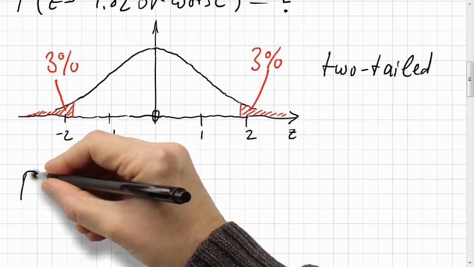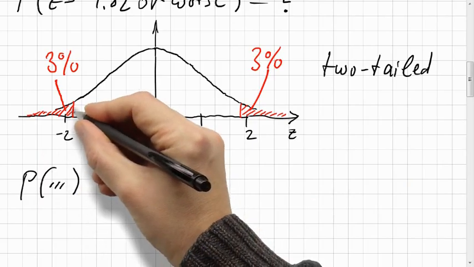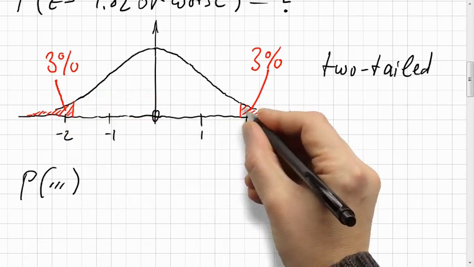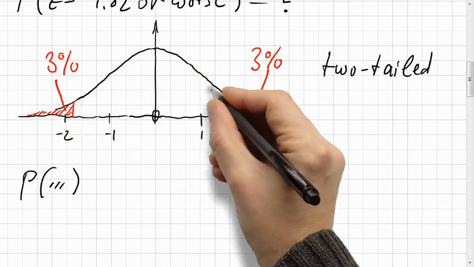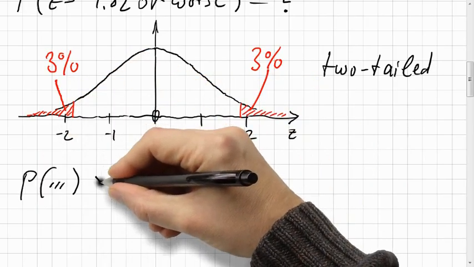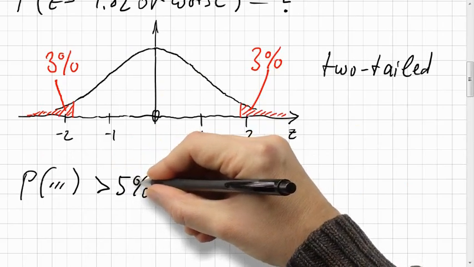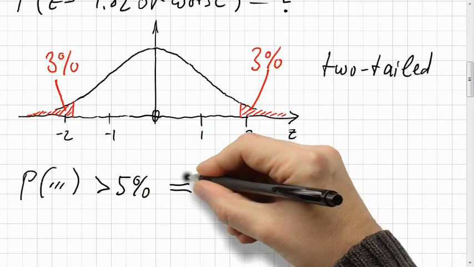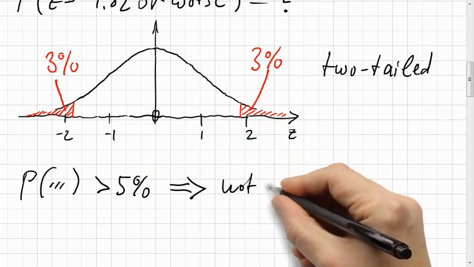So the probability of the z-value being in the red region that poor is 3% plus 3%, 6%. Thus it's larger than 5%. 5% is the typical threshold for statistical significance. It's above that threshold, so we say it's not significant.